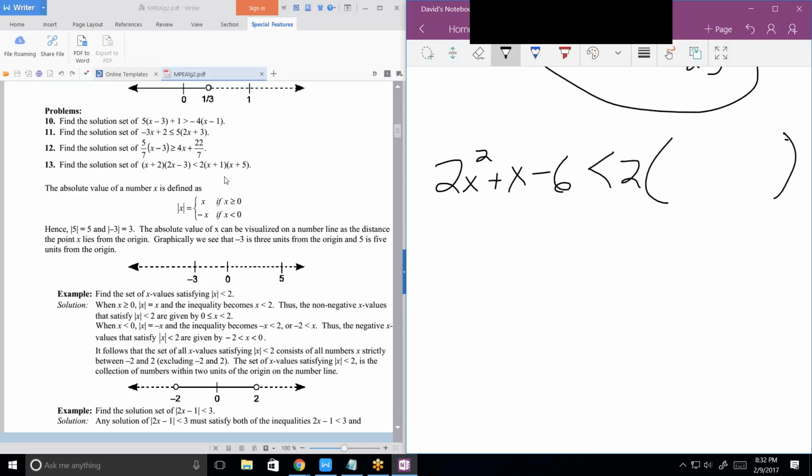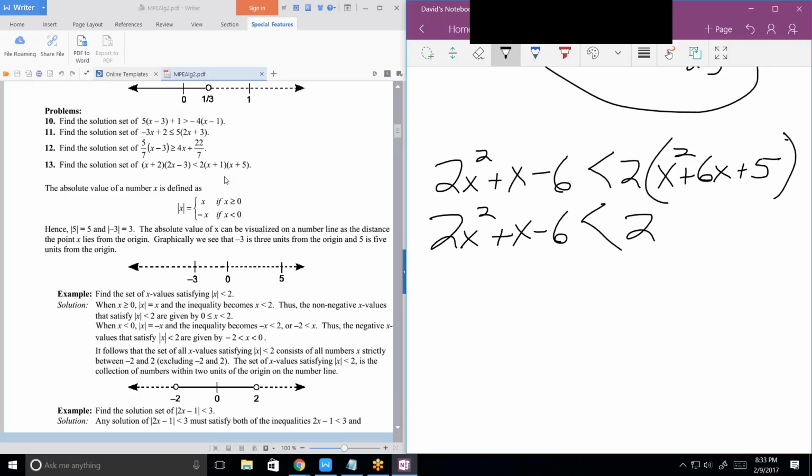What do you get? It would be x squared plus 6x plus 5. One times 5 is 5. Now distribute it. So then 2x squared plus x minus 6 is less than 2x squared plus 12x plus 10.